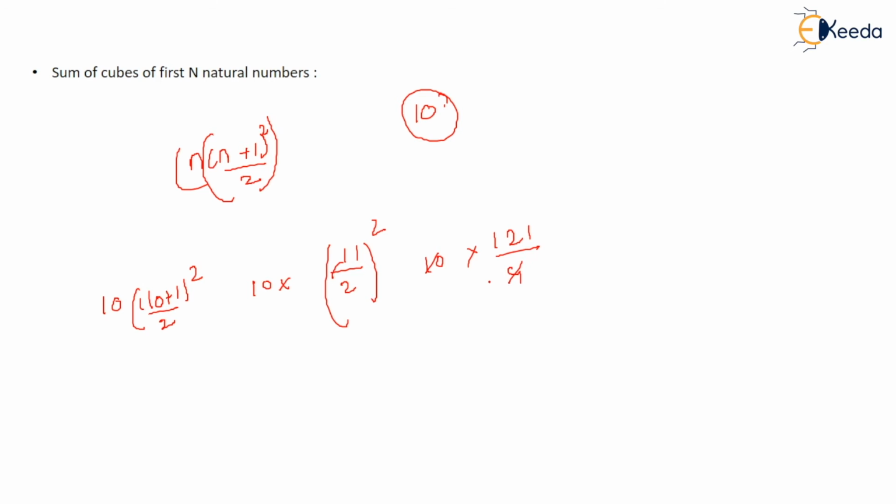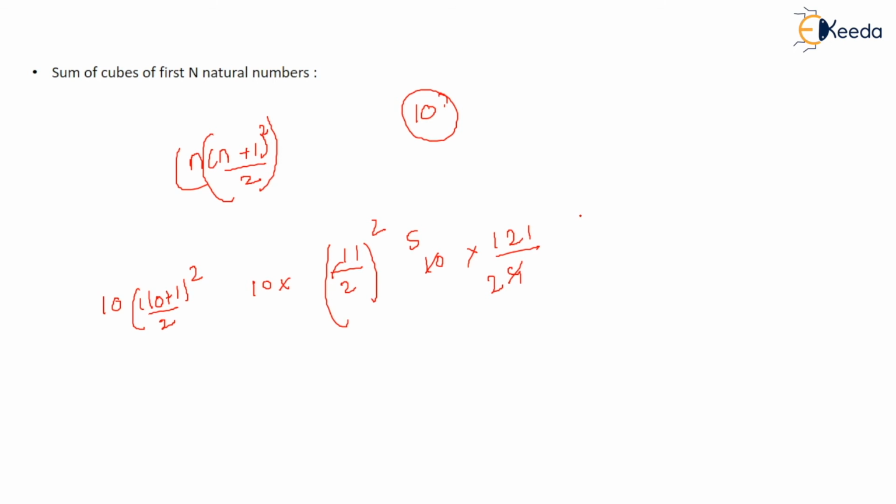So this goes out 2, this comes out 5. So 5 into 121 upon 2. So after you do this, what do you get?